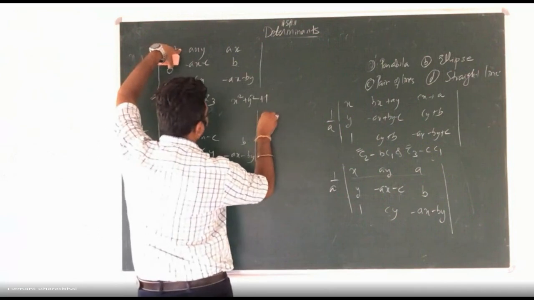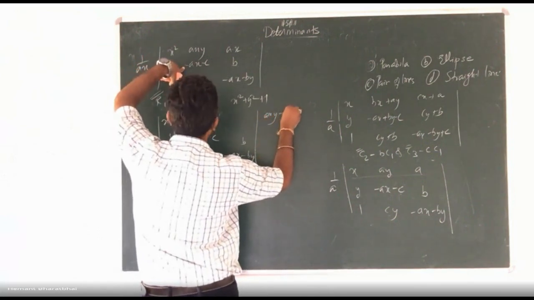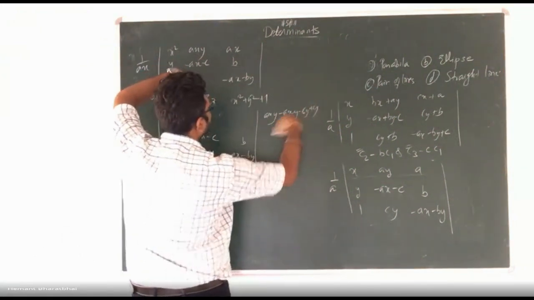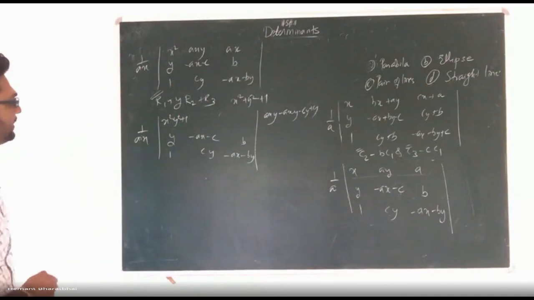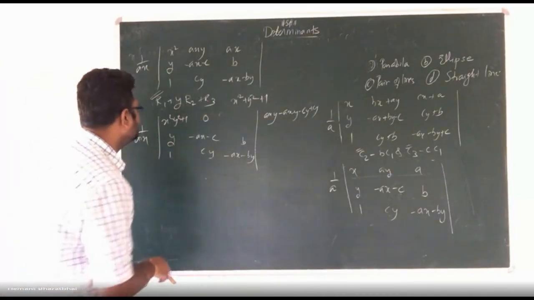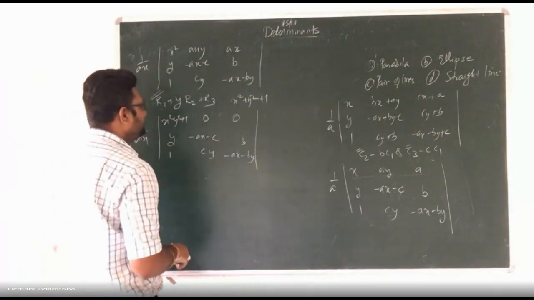Here I'll get axy. Here I'm multiplying by y, so minus axy minus cy, and this also cy. So plus cy minus cy gets cancelled. Plus axy minus axy gets cancelled. So this will also become 0, and this is also becoming 0.